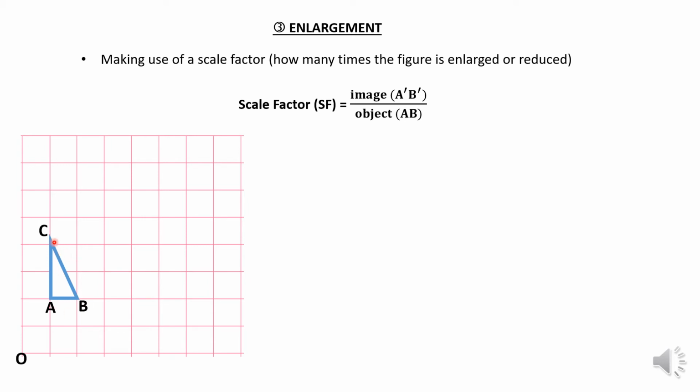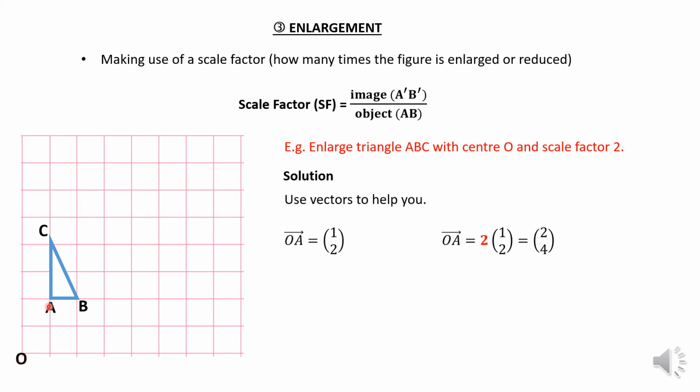So let's bring in, as you can see, now here it's very easy for me to find if I want to enlarge this, because I've got the origin, or some center O here. Now, if I have to enlarge this triangle, no need for me to draw lines. I can use vectors. When you look at how far A is from O in terms of a vector, that is 1 across and 2 up. The scale factor, they are saying, we should enlarge it by 2.